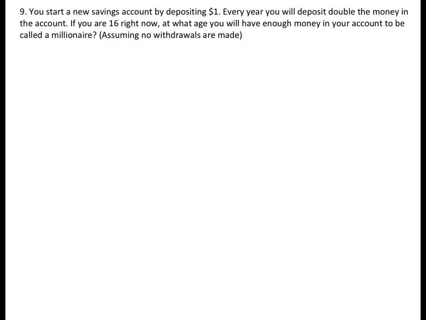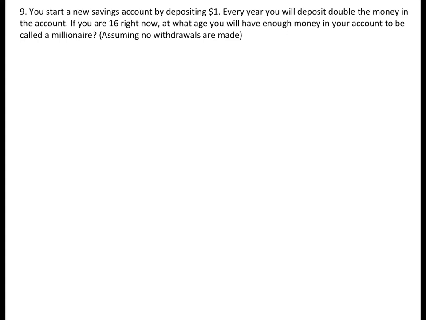Okay, the question is that you are depositing a dollar every year, and then after that you are going to double the money. You are right now 16 years old. Assuming that there is no withdrawal from the account, the question is, when can we call you a millionaire? Or when do you expect to become a millionaire? Okay, very simple question.